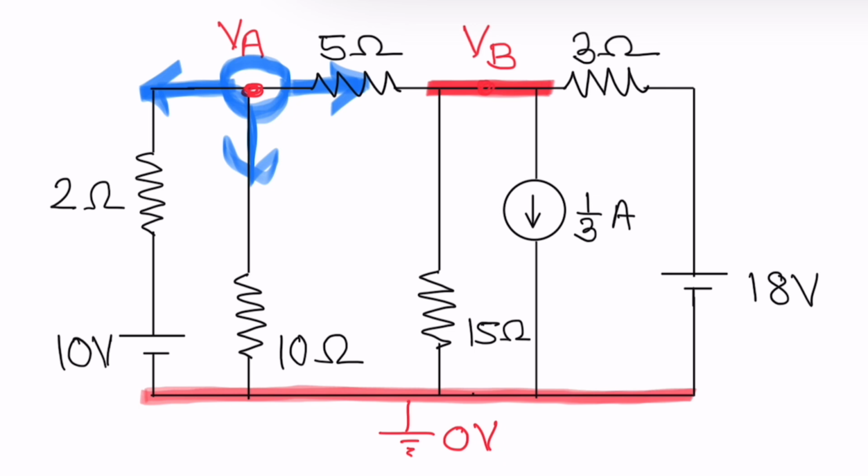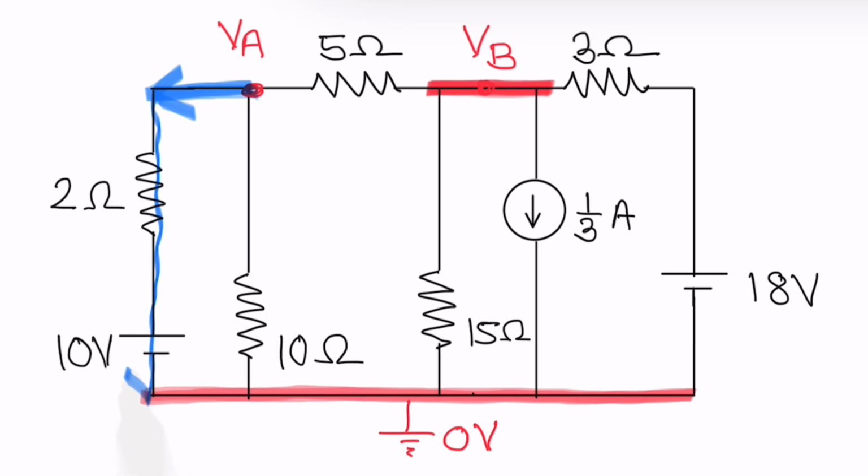Let us write down the equations of these currents now. First current I1, starting at A, so VA, ending at 0, so minus 0. Then there is one another voltage source, 10 volt. So this 10 volt source current is in the opposite direction of our current.